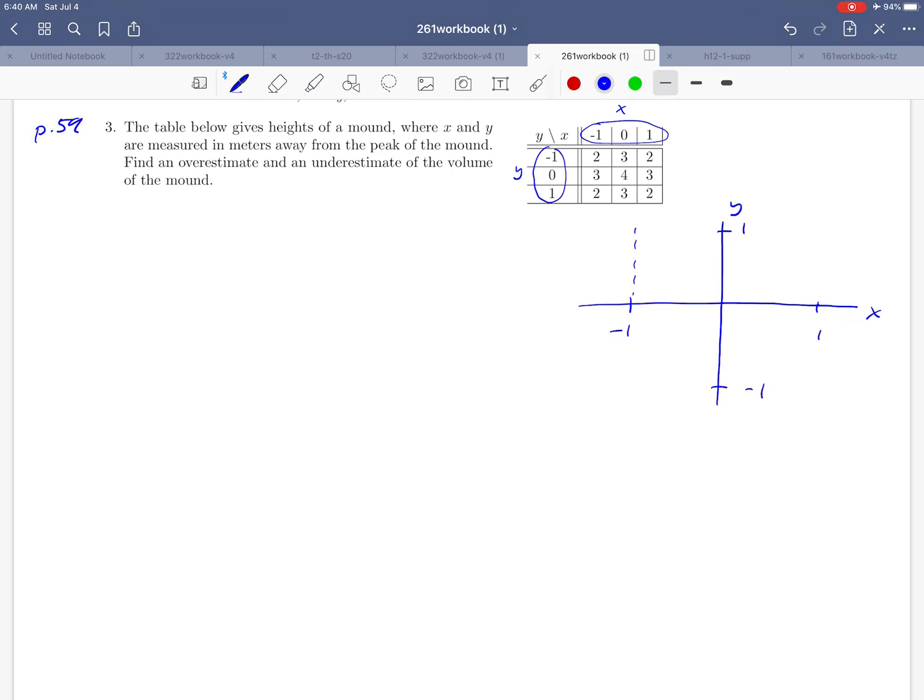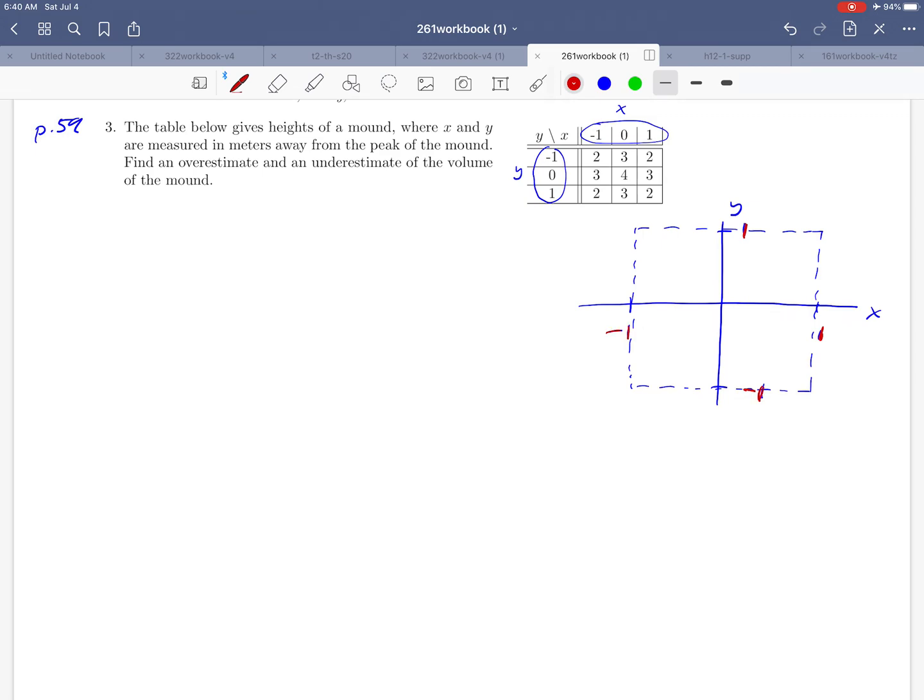I'm going to trace out the square that we're concerned with here. And just so you can see those numbers a little bit better, let's put those in red: 1, 1, -1, -1.